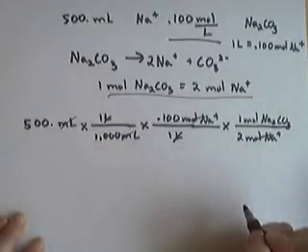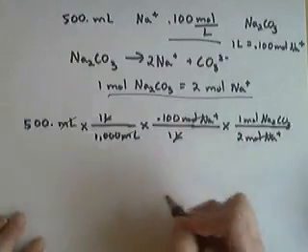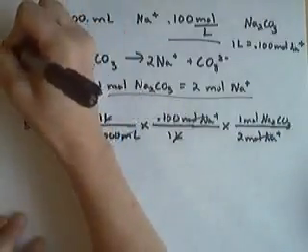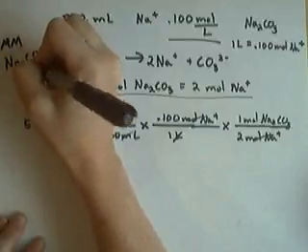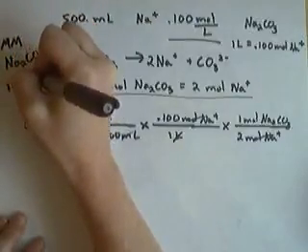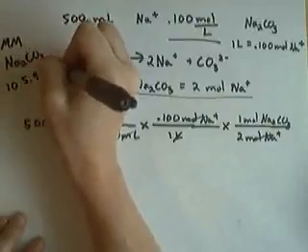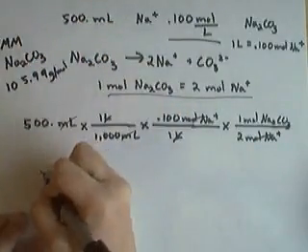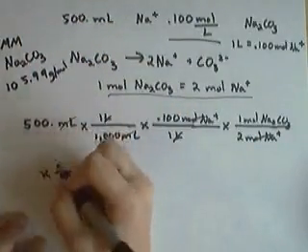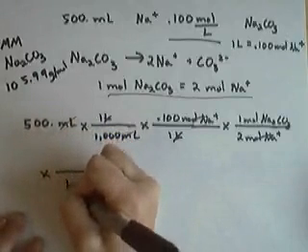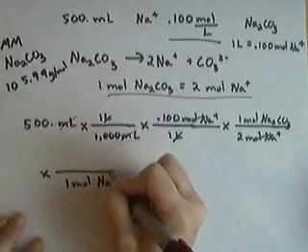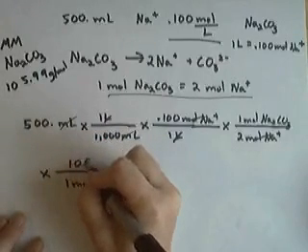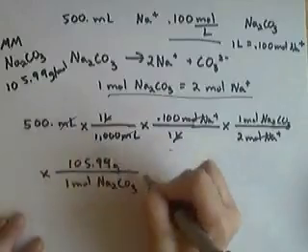And this is good so far, but one more conversion factor because we really want to know how many grams. So the molar mass of sodium carbonate is 105.99 grams per mole. What that means is if I had 1 mole of sodium carbonate, I'd have a mass of 105.99 grams.